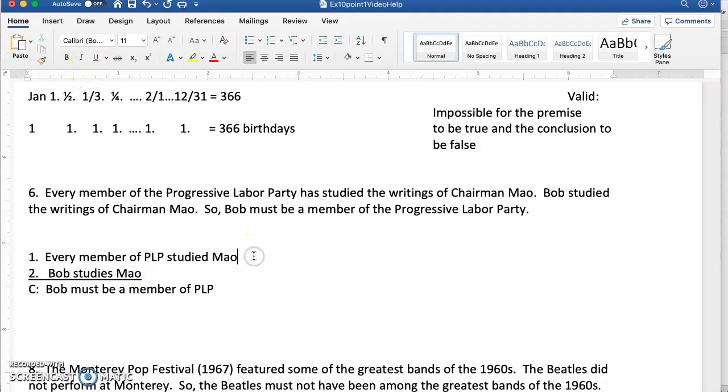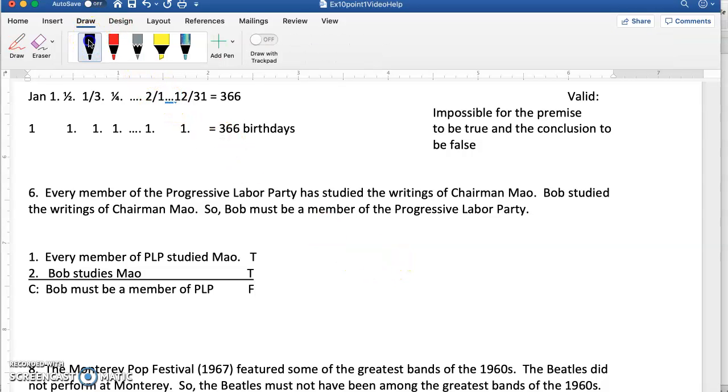And the question of whether it's valid or invalid is the question of, is it possible these premises could come out true and the conclusion could come out false? So the way that could happen, imagine, maybe we could do this with circles.